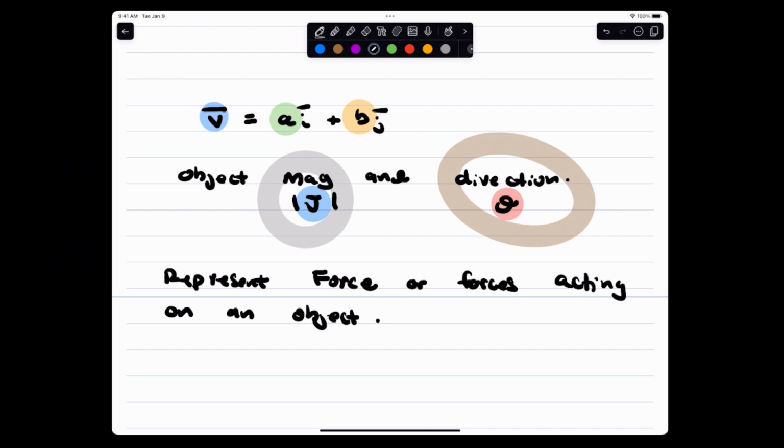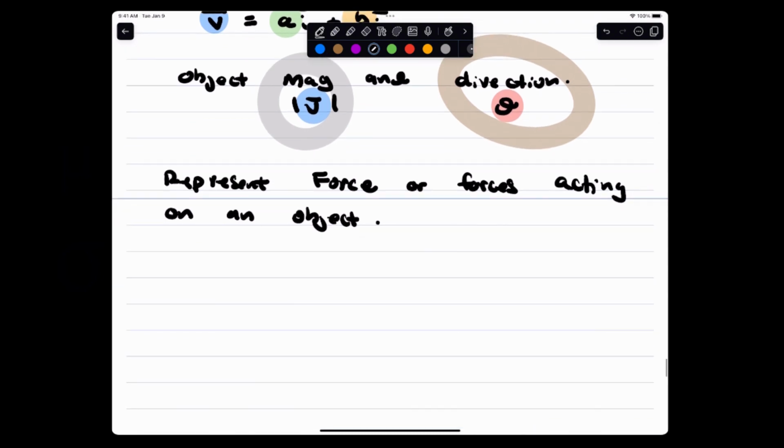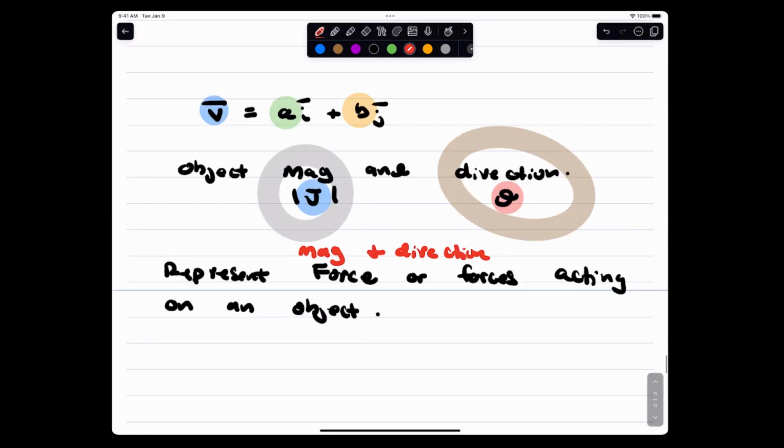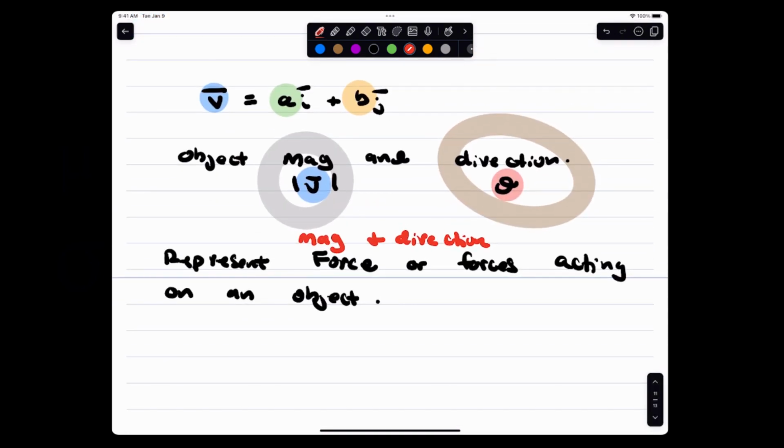Now, forces can have what? Magnitude and direction. And that's one of the main reasons you study vectors.